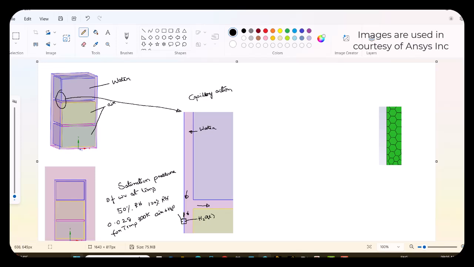So the driving force is the amount of water vapor present, 0.028, and on the other side it is completely filled, right? At 100% RH it may be around 0.04. So this is the driving force for the liquid water to leave this wall and go into the other side of the wall into the cell as water vapor. So that is the driving force.